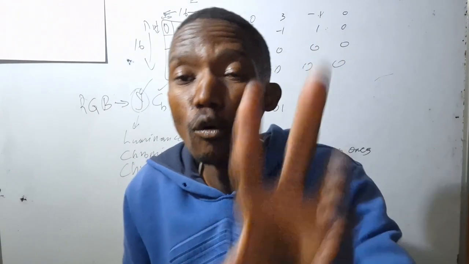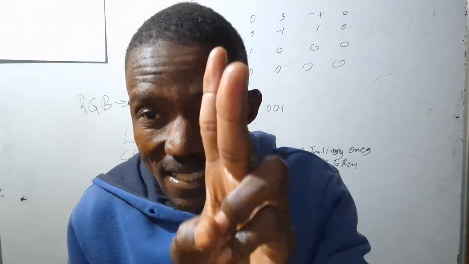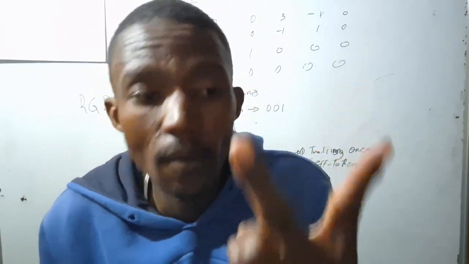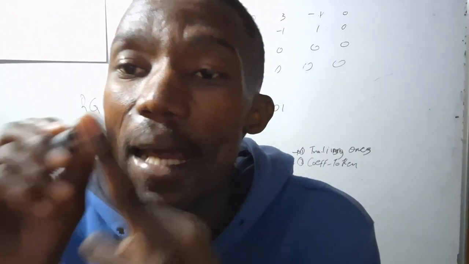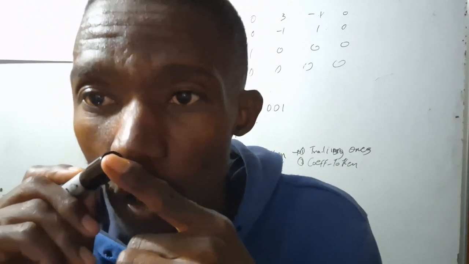That table gives you two most important things: the number of non-zero coefficients that are greater than 1 in absolute value, and then the number of coefficients that are equal to an absolute value of 1.